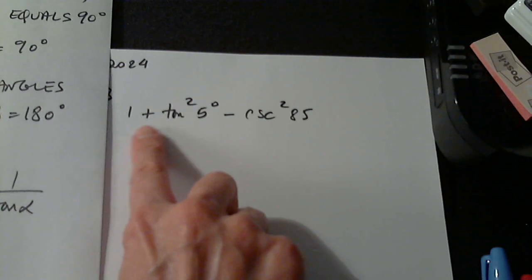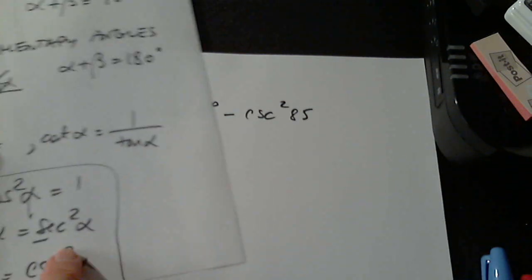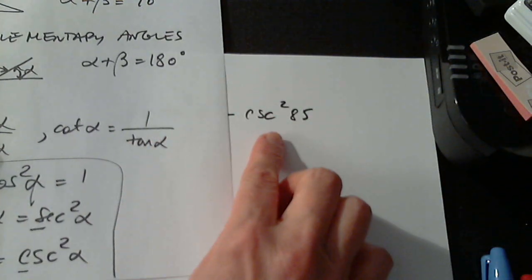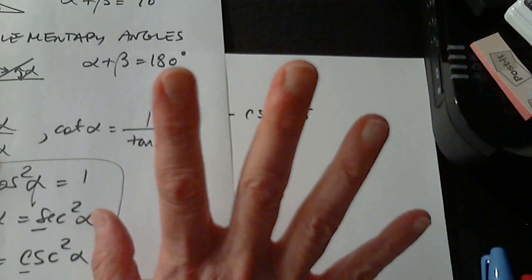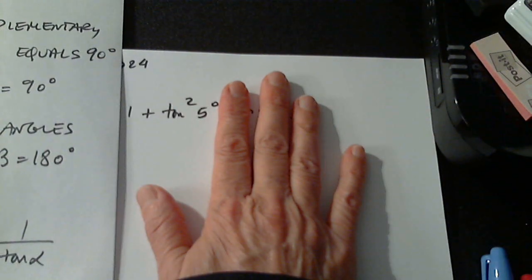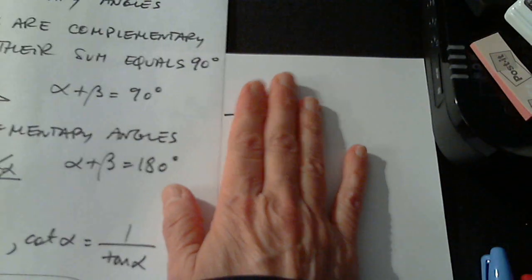So that's a possibility, to change it into secant squared. But if I do, what do I do with secant squared and cosine squared? So maybe this is not the right option. But I already see that I have 1 plus tangent squared. That's very clear.